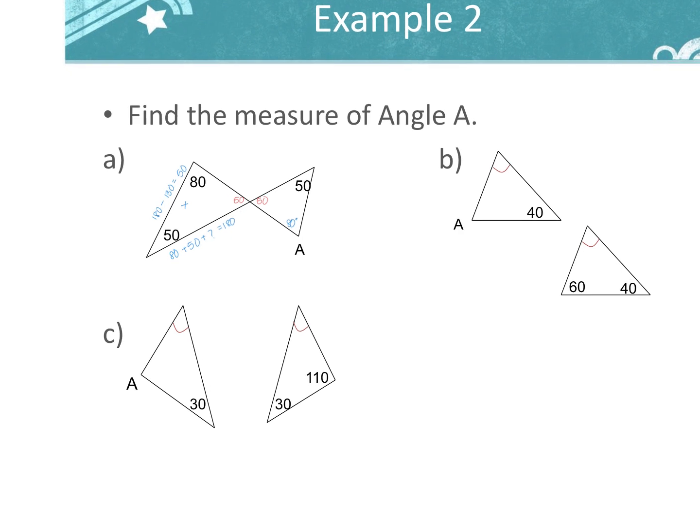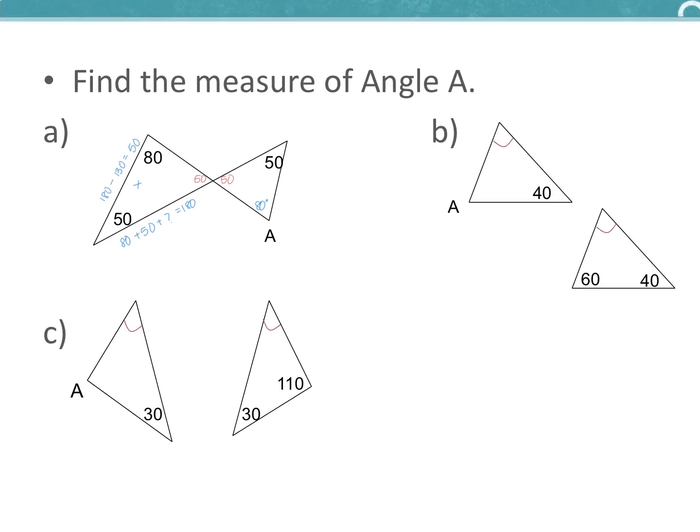Is that a right angle sign? No, they're not right angles, they're little curves. They're congruency marks. All right, looking at B, who could tell me what is the measure of angle A? 60. All right, these are pretty easy. What about the measure of angle A for C? 110.